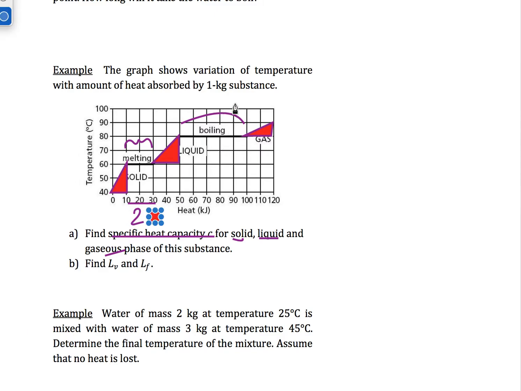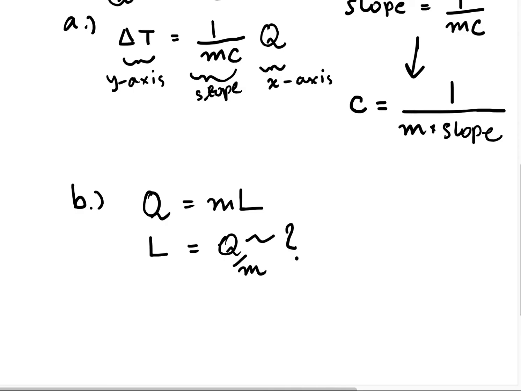And for the boiling, we start with 50, we stop with 100. So in this case, we use 50. Okay. So this is where we find Q, and you should eventually find the L, or the latent heat, for both cases. Okay, so next we go to another example, number 3.